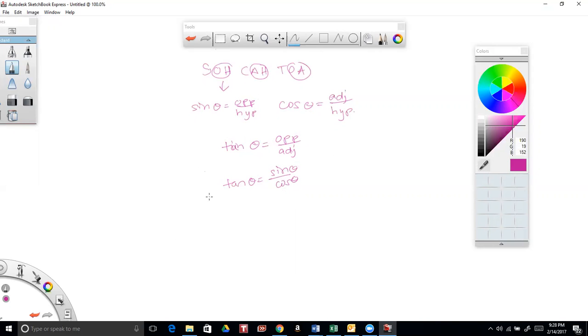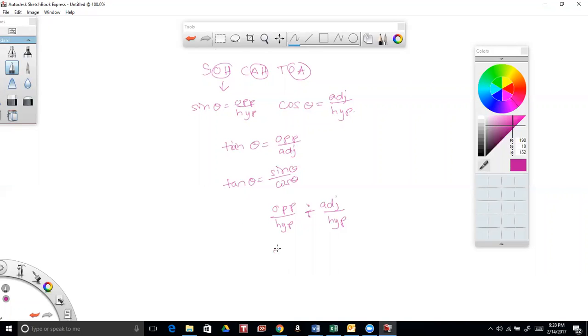So just to see that, we can do the sine, opposite over hypotenuse, divided by the cosine, adjacent over hypotenuse. And to verify that, when we divide fractions, you have to flip the second one.